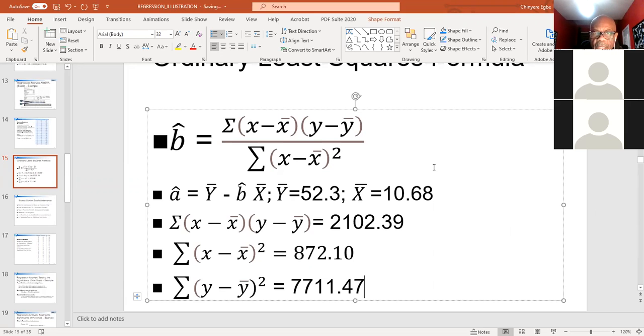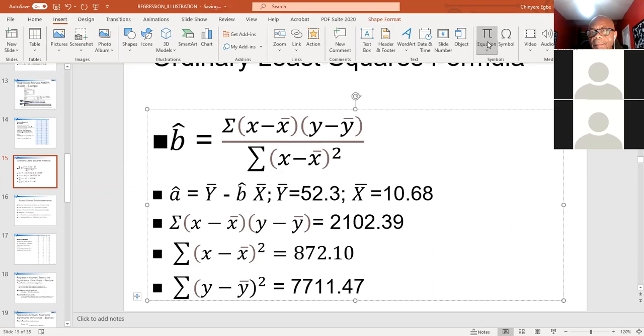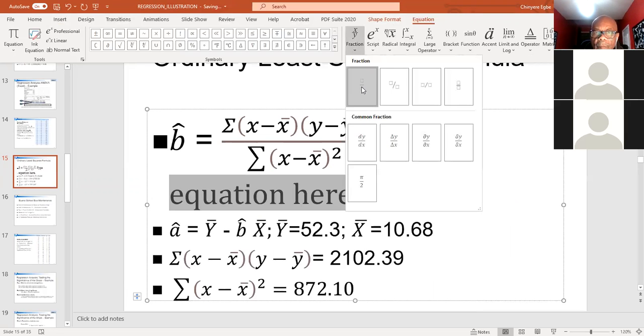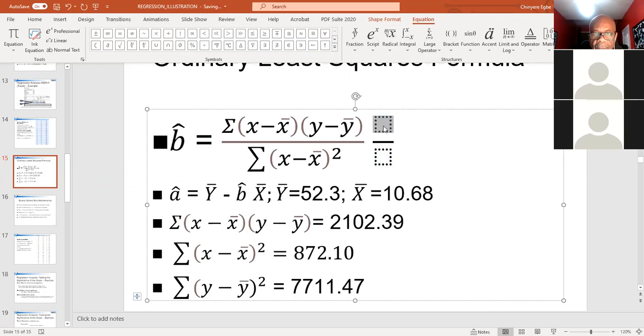And so B hat is equal to 2102.39 over 872.10. And so what does it give you?